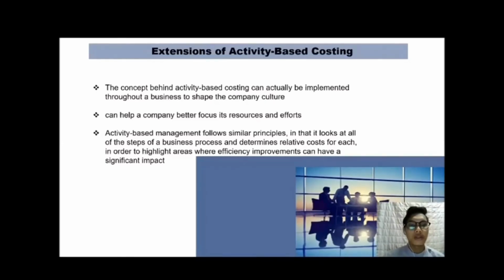Activity-based management follows similar principles in that it looks at all the steps of a business process and determines relative costs for each in order to highlight areas where efficiency improvement can have a significant impact.